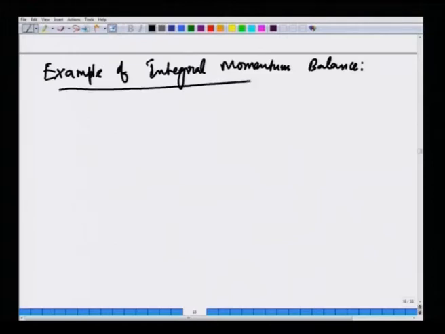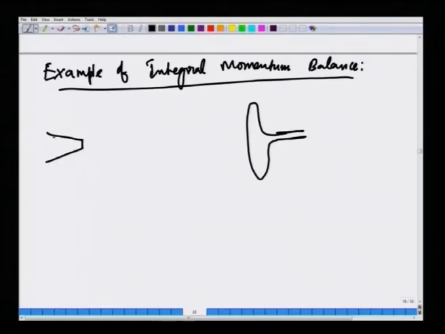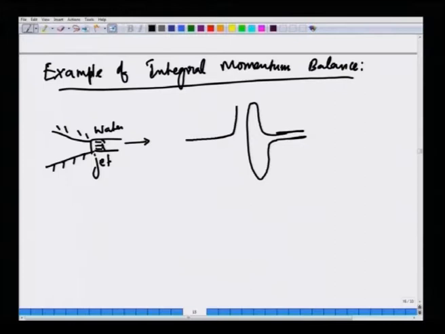Imagine you have a solid surface, of which I am drawing just a cross section, and far away there is a nozzle from which fluid is ejecting. There is a jet of water that is coming out and it impinges on the surface which is at a distance. So, this jet of water comes and flows like this.